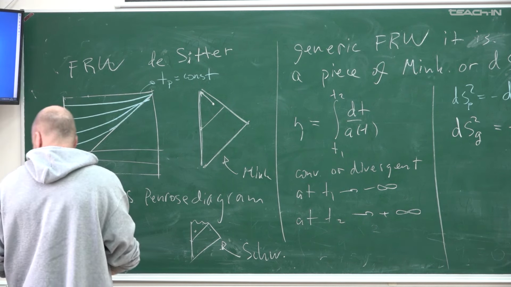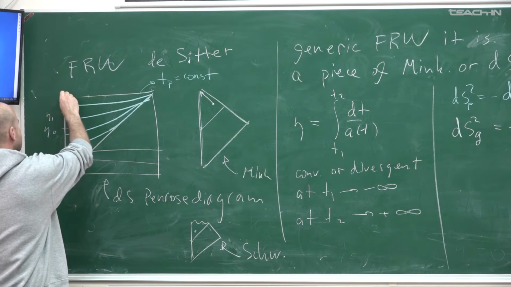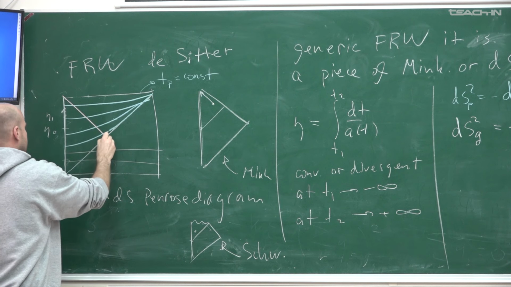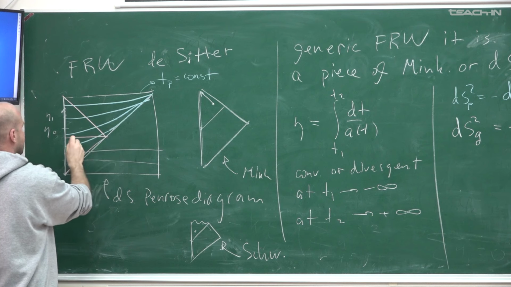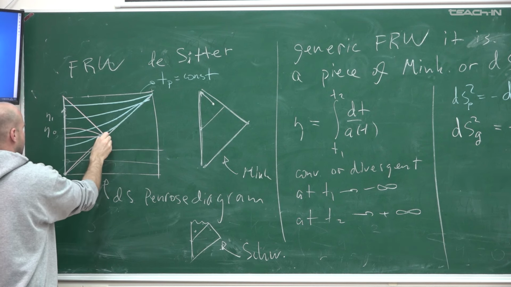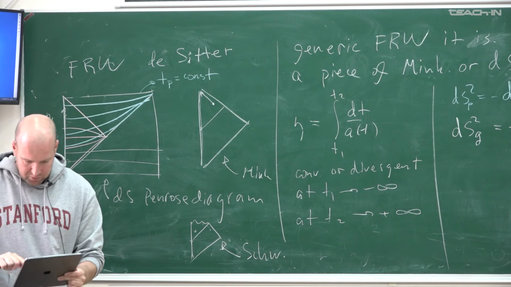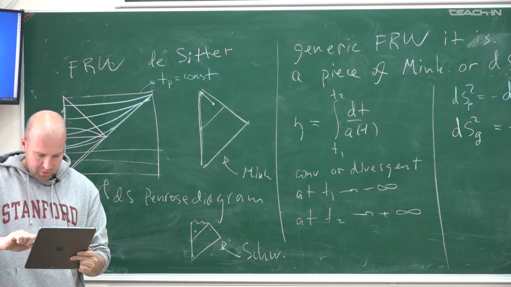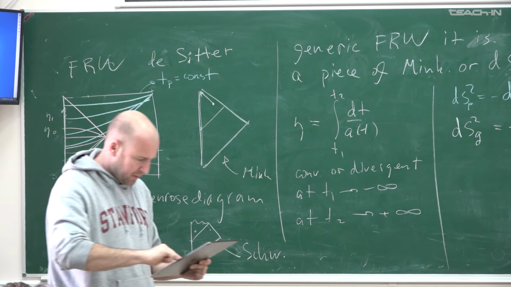And finally, we also discussed the static patch. So static patch constant time slices look like this. Let me look it up so that I don't mess up writing down the static patch metric.